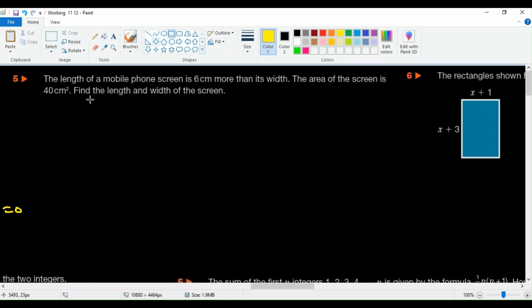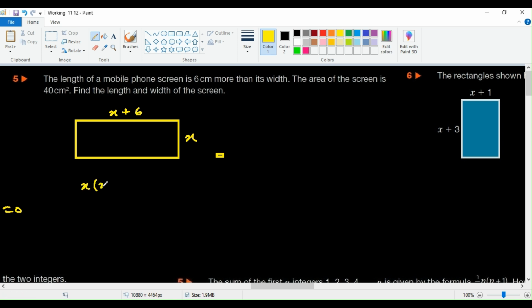So for example, if this is the phone we're talking about, it says the width is x and the length is 6 centimeters more. So the area of the screen is 40. That means x multiplied by x plus 6 is going to give us 40.